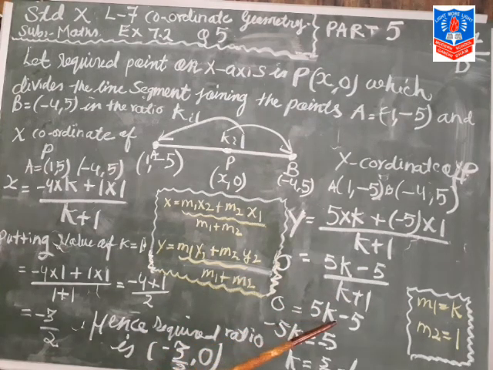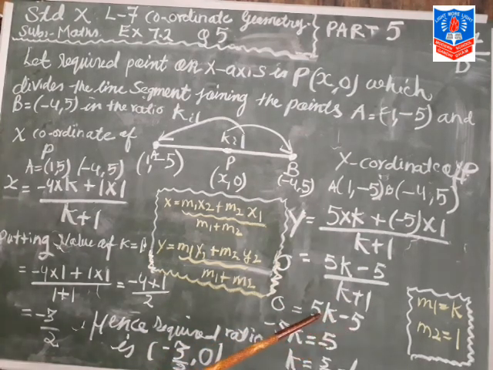So 0 is equal to 5K minus 5. When you shift 5K from right to left, you change the sign, and you have the minus minus on both sides, so you can cancel. So K equals 5 upon 5, so K equals 1. But we want the coordinate. The coordinate has y as 0. So we will write, hence the required point is minus 3 upon 2 comma 0.